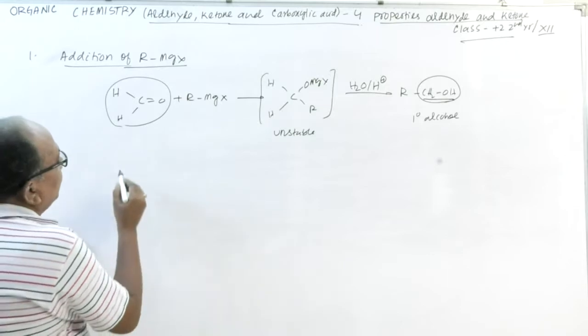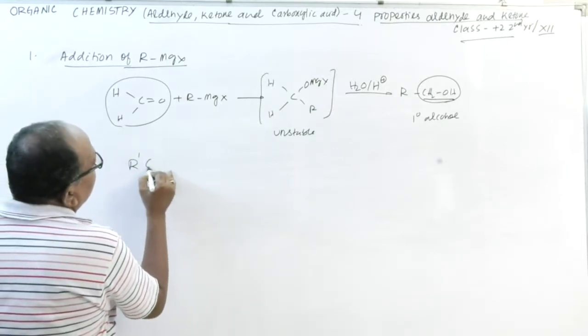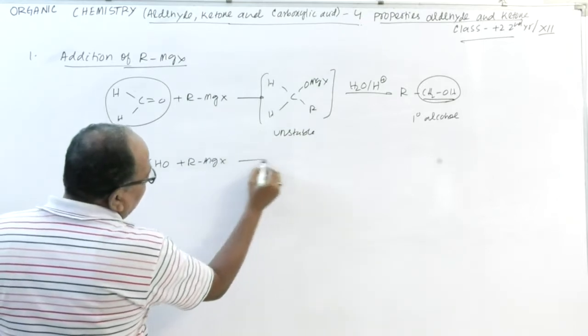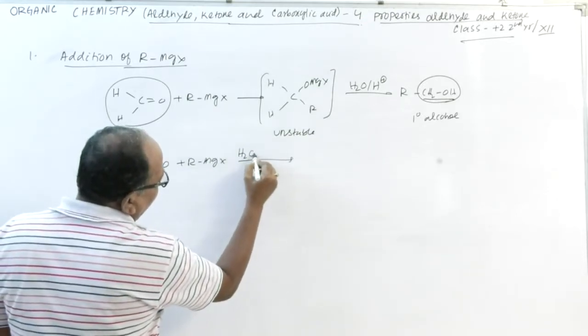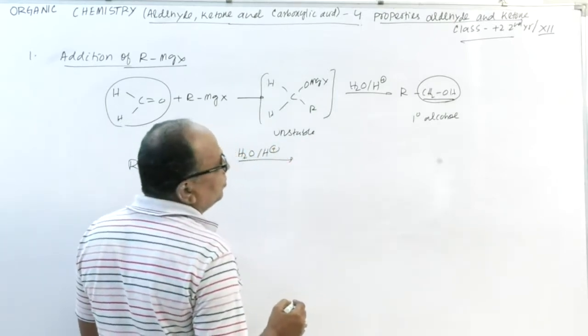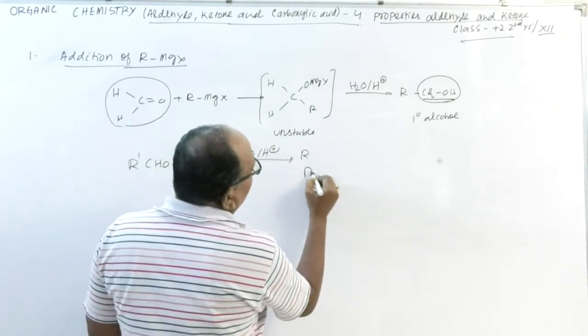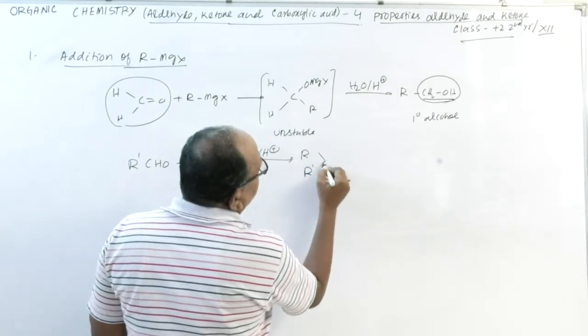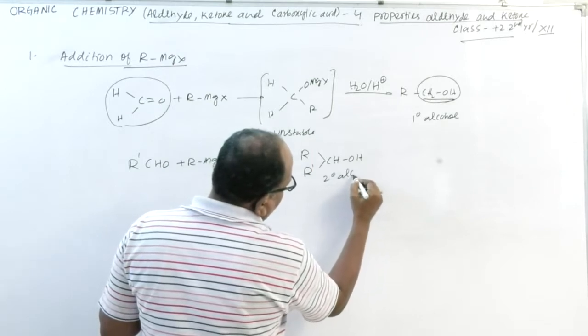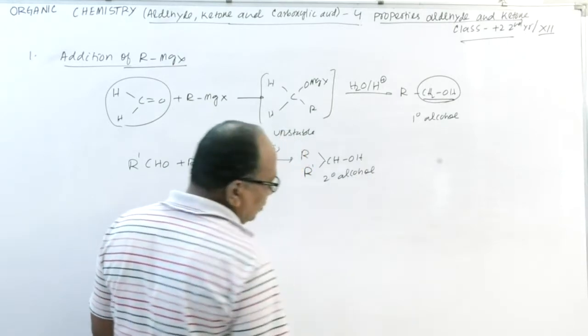Similarly, if you take any other aldehyde, R'CHO plus RMgX, upon acidic hydrolysis it gives a secondary alcohol R'CHOH.